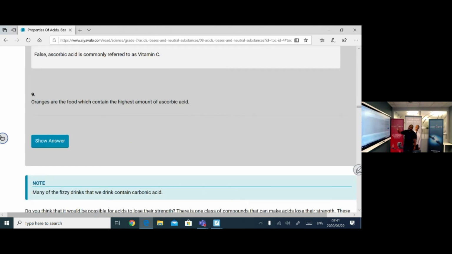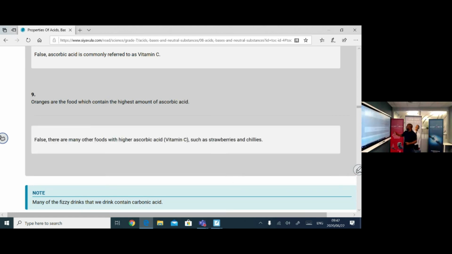Right. Our last question is, oranges are the food which contain the highest amount of ascorbic acid. I have just told you the answer. False. There are many other fruits with higher ascorbic acid content, such as strawberries and cherries.